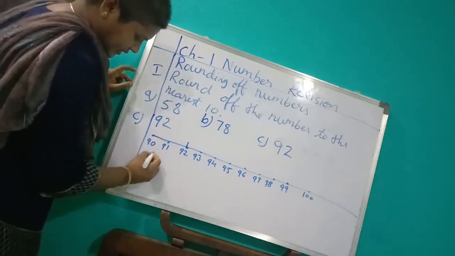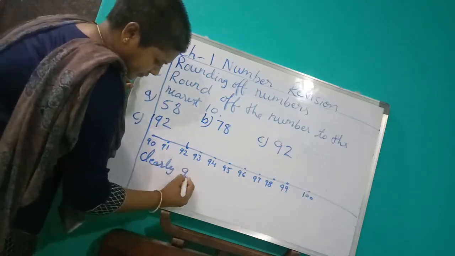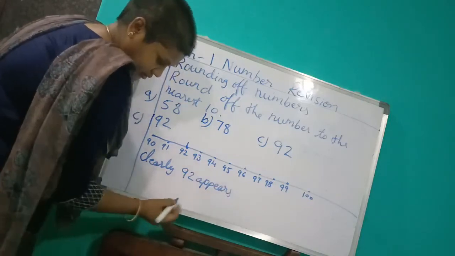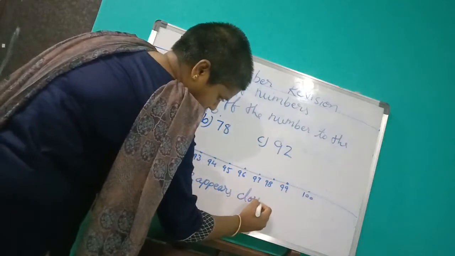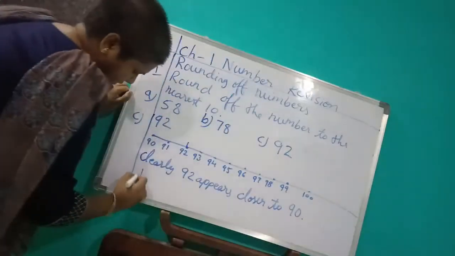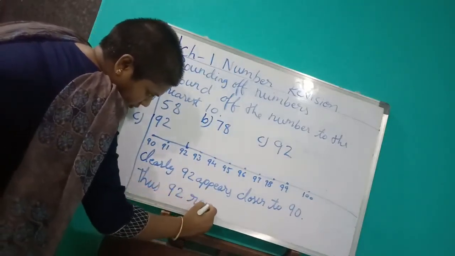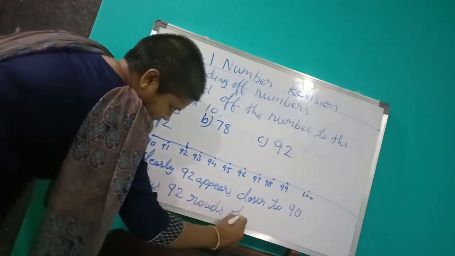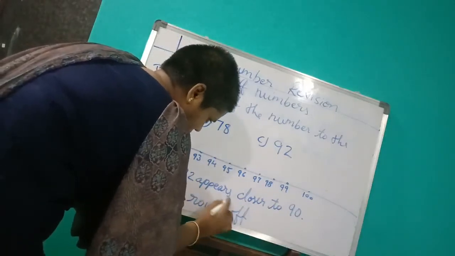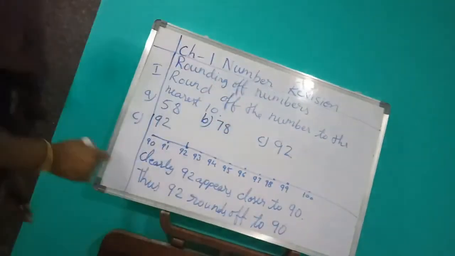That's why clearly 92 appears closer to 90. Thus, 92 rounds off to 90. Understood?